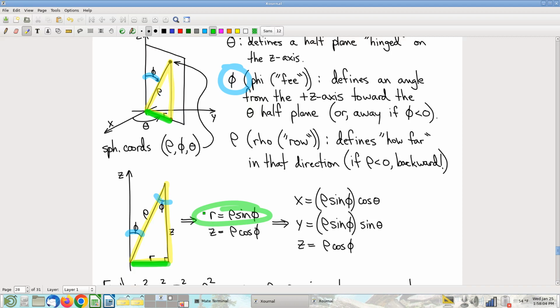Now, a case could be made: who cares? Why do we care about what R is? R is not one of the spherical coordinates. True. But R is related to some pre-existing formulas that we already have. So, for example, we already know that X is R cosine theta. So knowing how to write R in spherical coordinates helps us write X and Y: R cosine theta and R sine theta in spherical coordinates.